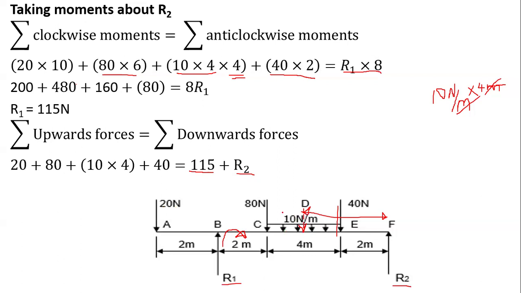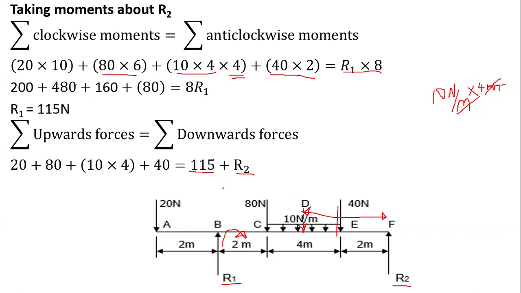The UDL is 10 by the total distance covered by the UDL, which is 4 meters. So we have 10 multiplied by 4. Plus, we still have another force acting downwards, that is 40 newtons. So I have 20 plus 80 plus 10 by 4 plus 40 being equal to the upwards 115 plus R2.